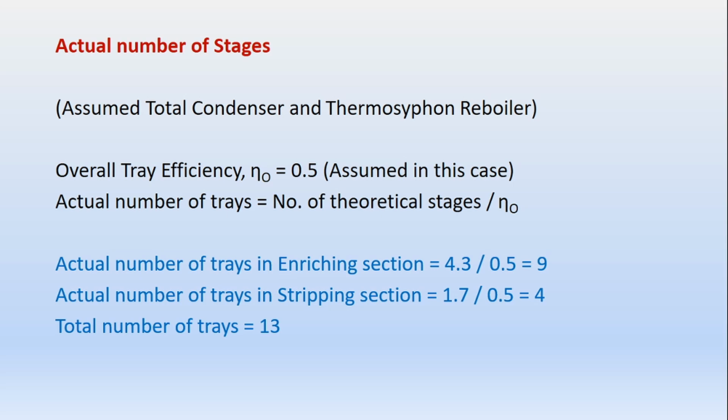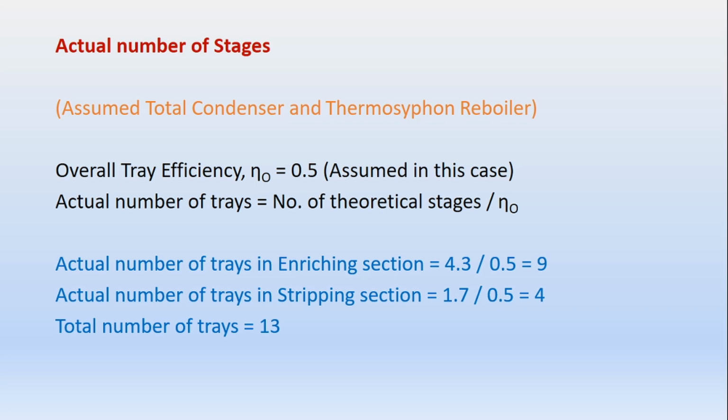So we have determined the ideal stages. Number of ideal stages is 6. So what will be the actual number of stages? In this problem, we will assume the condenser is a total condenser. That means all the vapor which comes out at the top of the column is cooled and condensed into a liquid which is at its bubble point.